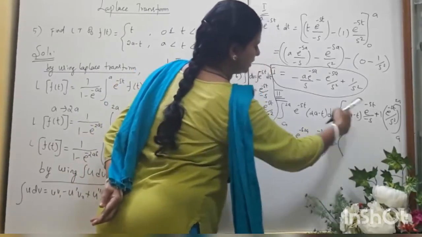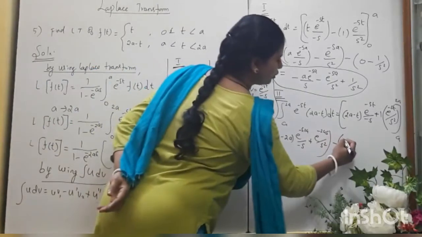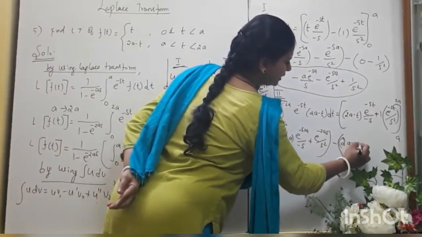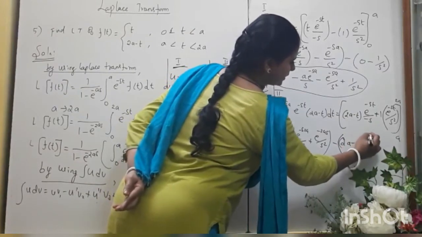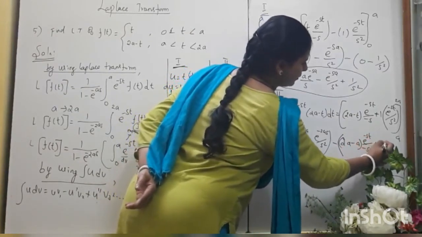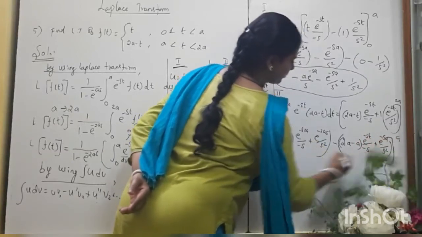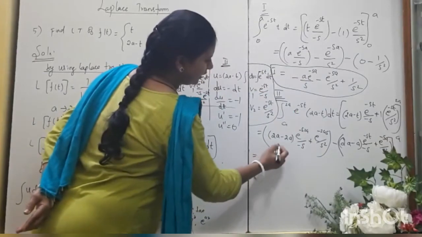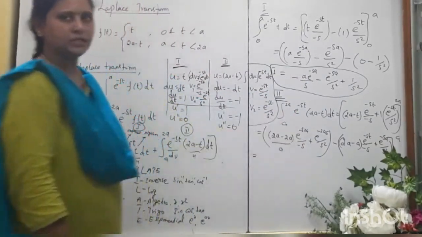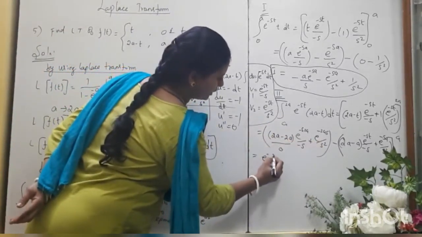Minus, next the lower limit. You are applying the lower limit: 2a minus a, e power minus sa by minus s plus e power minus sa by s square. So what is that? Here this is 0, so this term is 0. So what is the remaining?